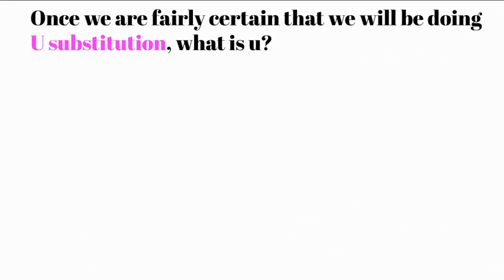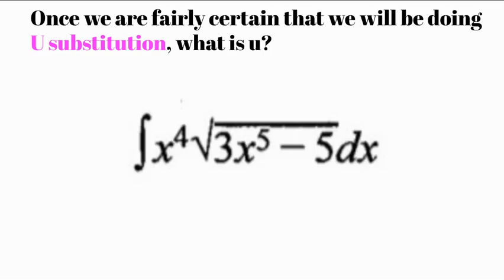So once we're fairly certain that we're going to be doing u substitution or a higher level technique, the big question becomes, well, what I always say with my students is, who is u, or what is your u choice? I like to go to the inside function if there is one. By inside function, I can see I have that 3x to the 5th minus 5 inside of a root.